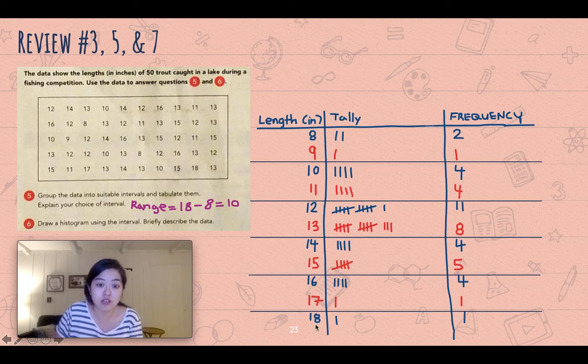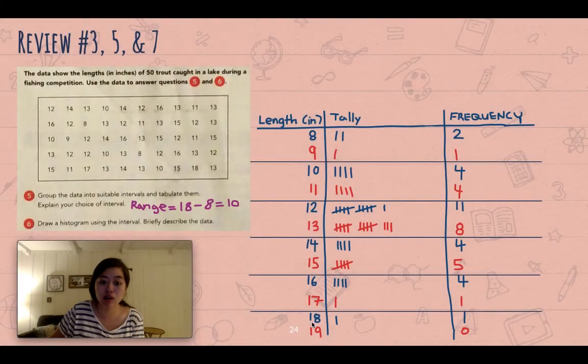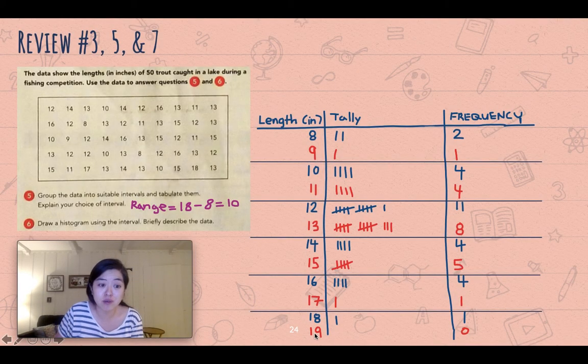And here there's no span. It's only one data value. So I'm going to just add a 19, so then I can see that there is an equal interval here. And then how many intervals do I have? I have 1, 2, 3, 4, 5, 6. So I believe that this is enough for me to draw my histogram with.